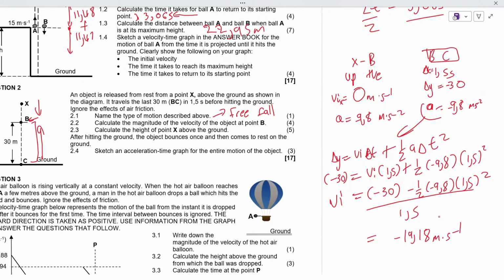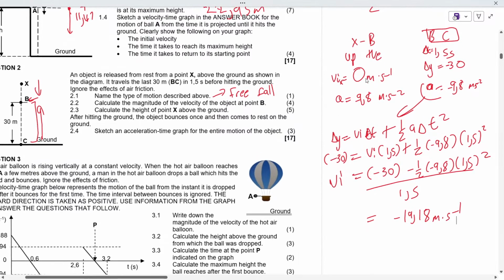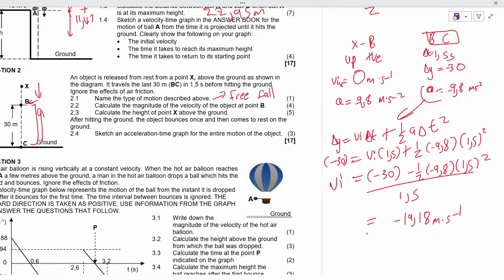And what will your negative mean? It means it's going downwards. Right now I'm getting negative 12.65 meters per second. So yeah, there is our answer.